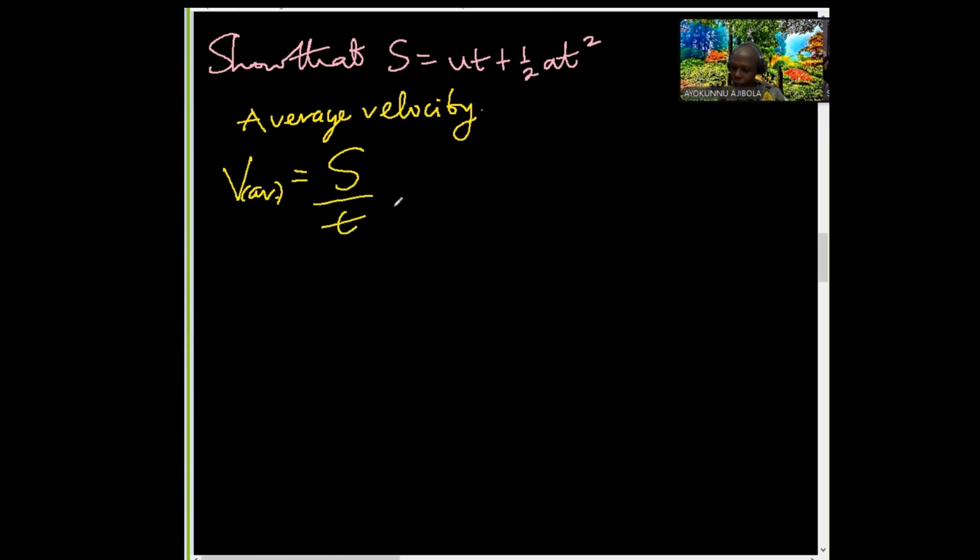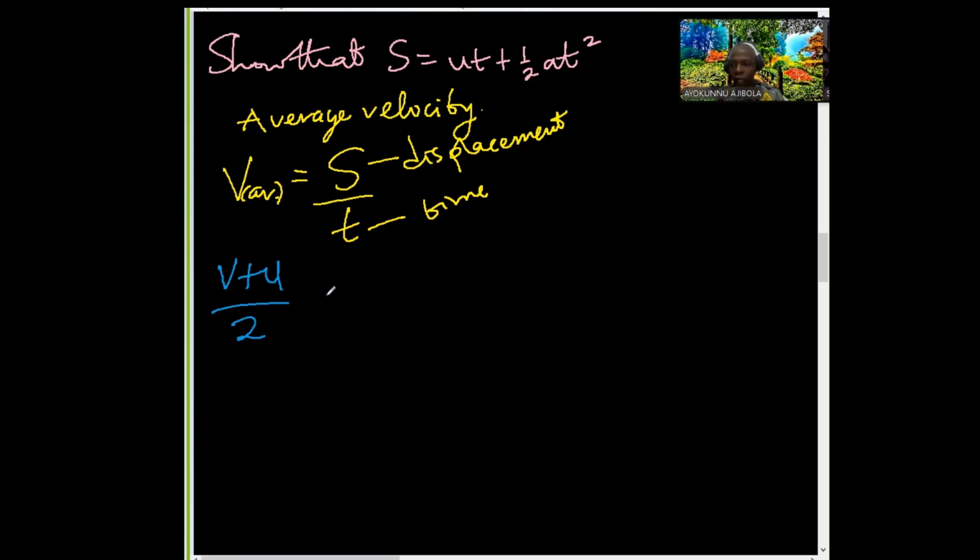Okay? This is displacement and this is time. Now, if you find the average of something, maybe v plus u over 2, that's the average. Then that is displacement over time, okay? Is that clear? Yes, sir.